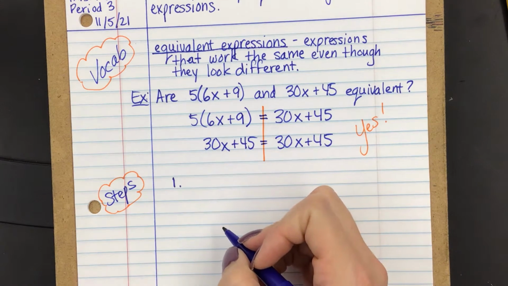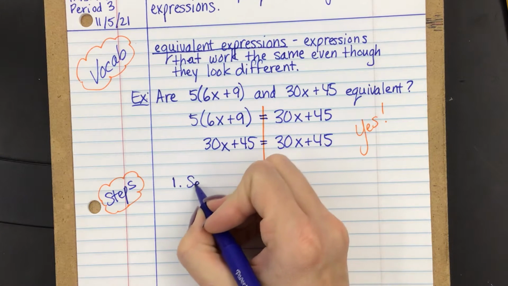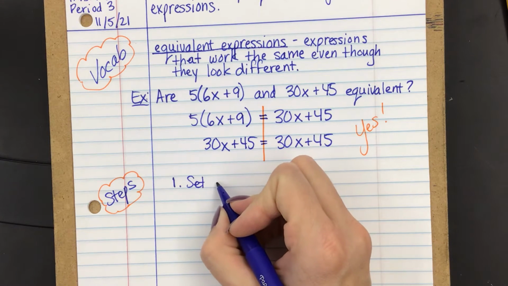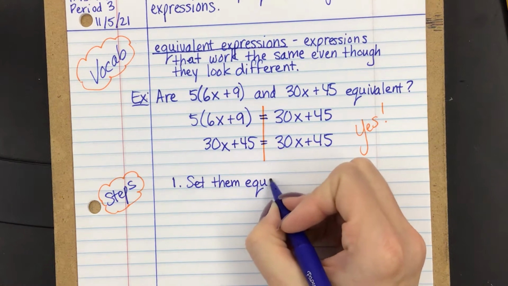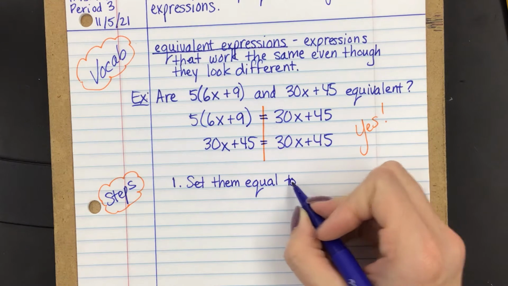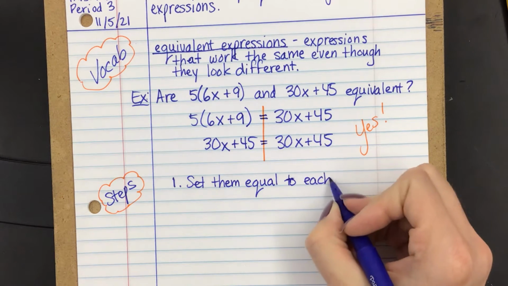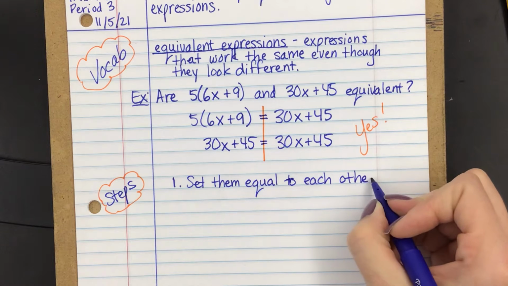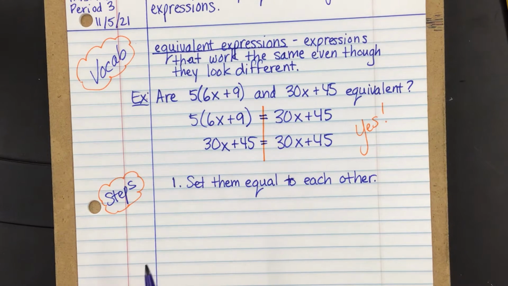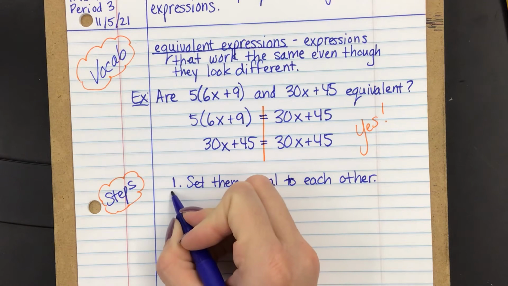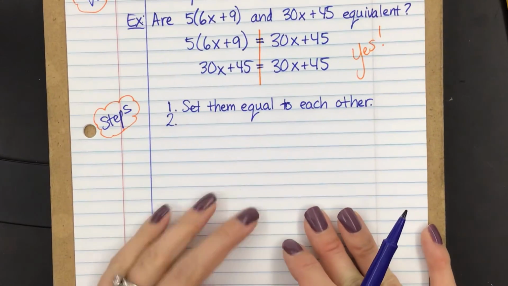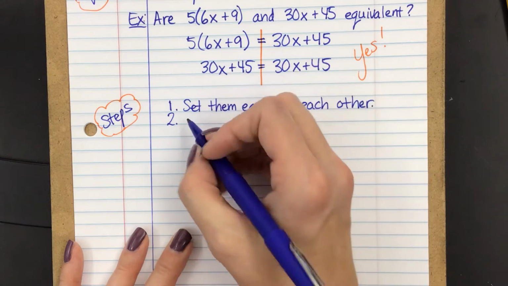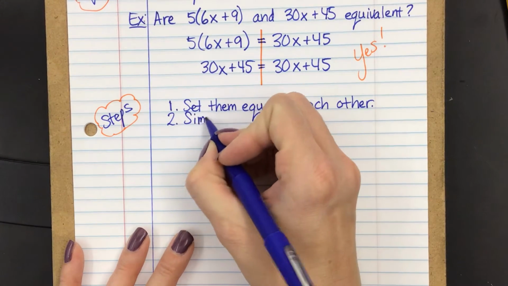All right, let's take a look at step 1. We're going to set them equal to each other. By them, I mean the two expressions. So I set them equal to each other. Then we're going to simplify both expressions completely.